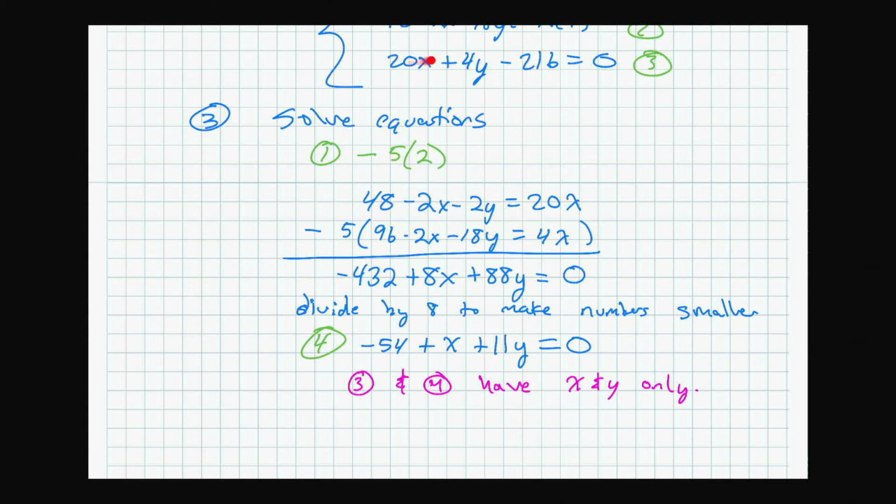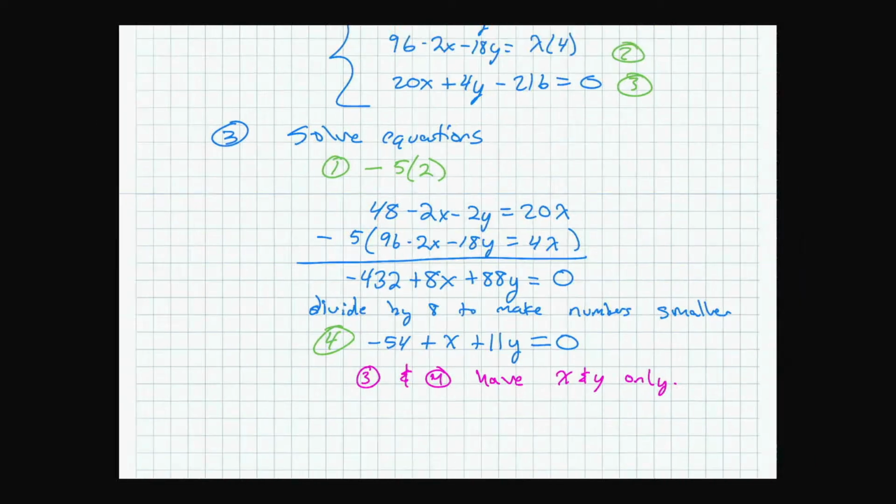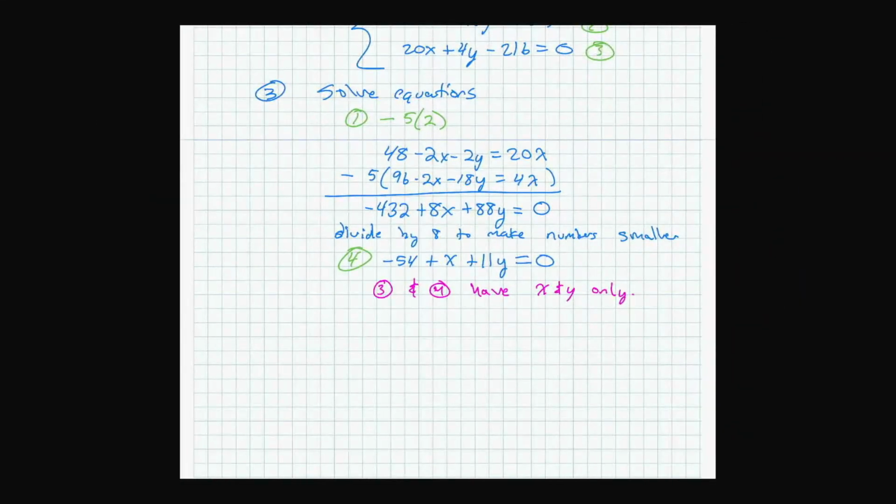What if we take equation 3 and then subtract 20 times equation 4? I mean, it'll work, right? That'll work. So let's do equation 3 minus 20 times equation 4.